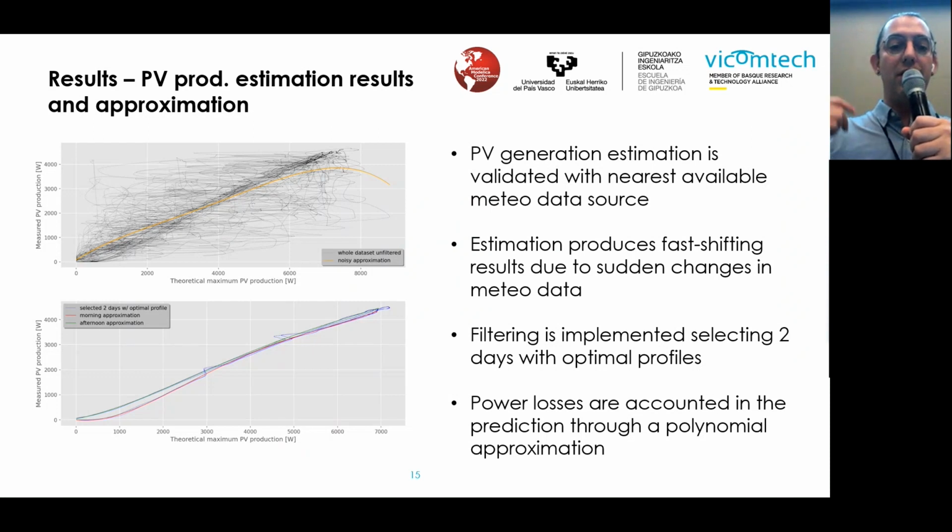So this fast shifting that you see is really due to the changes in the weather data, okay, which are not really captured by an average measurement on a PV panel. You're just seeing an average value there.